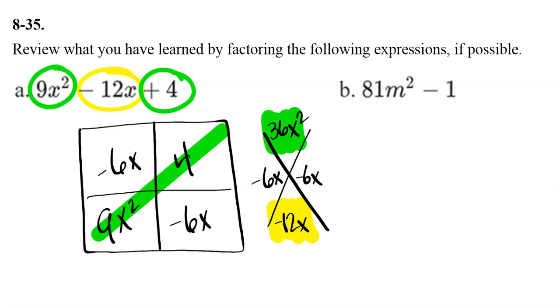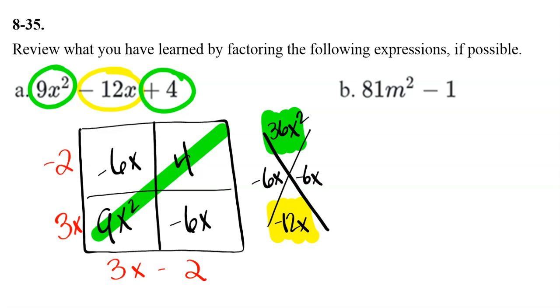So now all we have to do is look at this and go, hey, the 9x squared and the 4, those are perfect squares. So we could say 3x and 3x, that's what gets us there. And then 2 times 2 is 4. And then we have to have a negative.